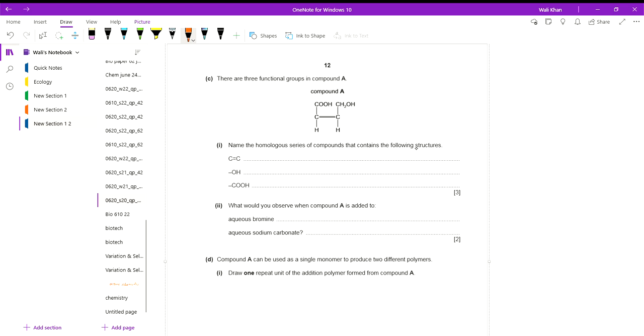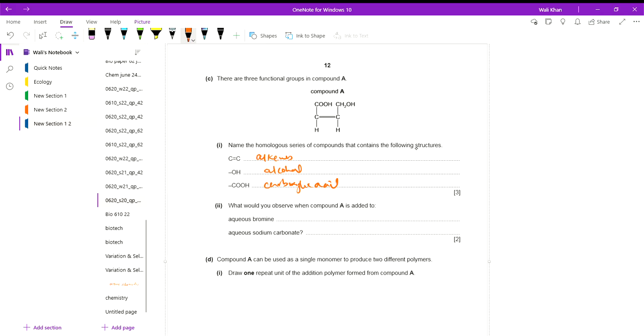Name the homologous series of compounds that contain the following structures: carbon to carbon double bond, alkenes; OH, alcohols; carboxylic acid.